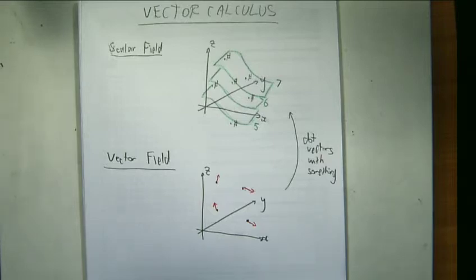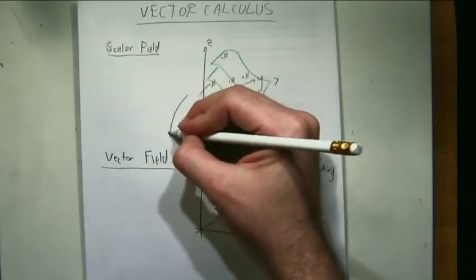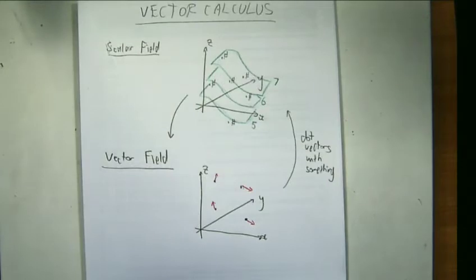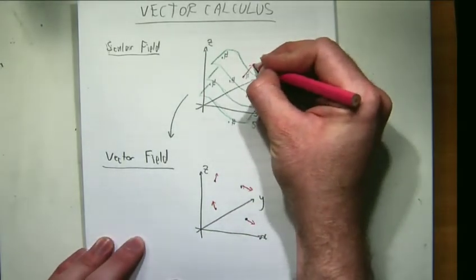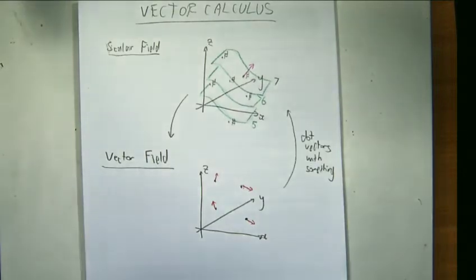And you can go from a scalar field to a vector field by finding normal vectors to those surfaces. If your scalar field is made up of those level surfaces, as they're called, all stacked on top of each other, at any point you can find the normal to the surface that it lives in, and suddenly every point has a vector associated with it, and you can produce a vector field.